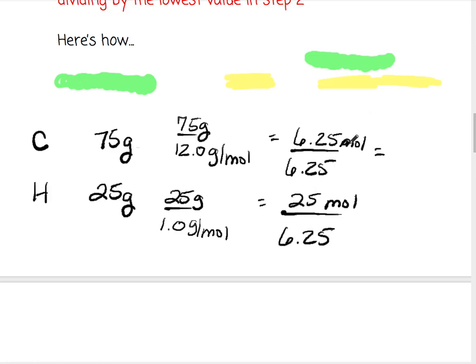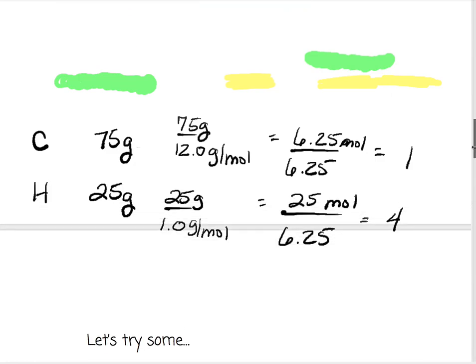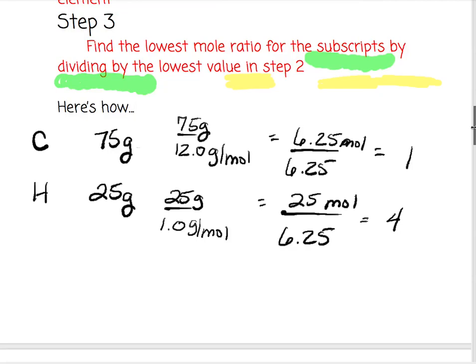And when you do 6.25 divided by itself, you get 1. And 25 divided by 6.25 is 4. That's my whole number ratio. So I have a ratio of carbon, which is 1, and hydrogen, which is 4.